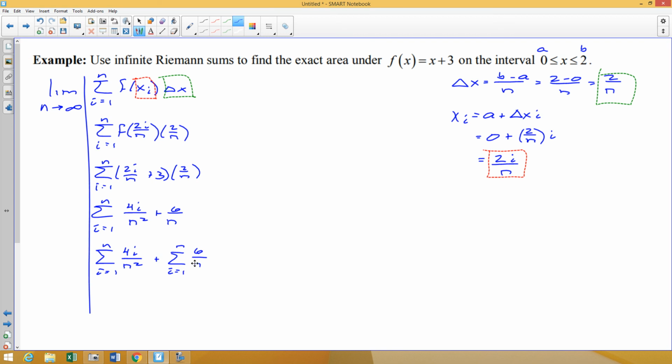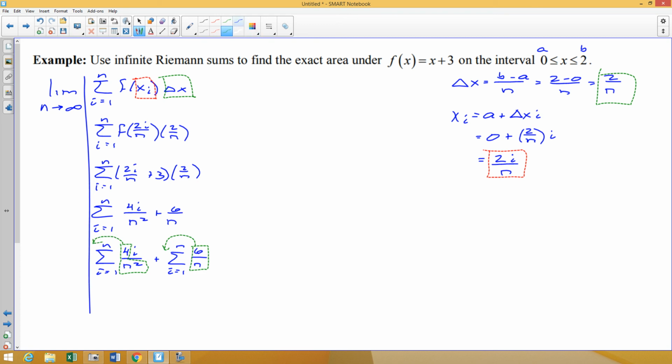And in both of these summation notations, i is the variable. i is what we're plugging values in. I'm not plugging anything in for the n squared or for the n. And for that reason, 4 over n squared is a constant. And 6 over n is also a constant as far as the summation notation is concerned. And you can pull constants out of summation notation.